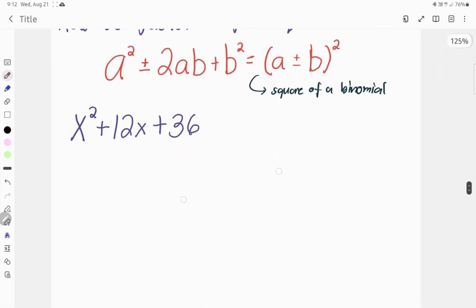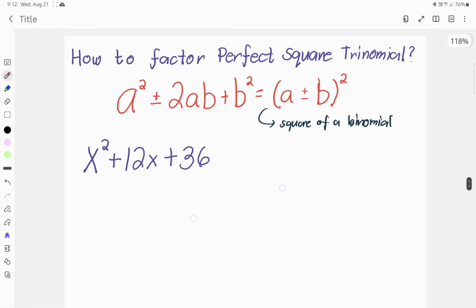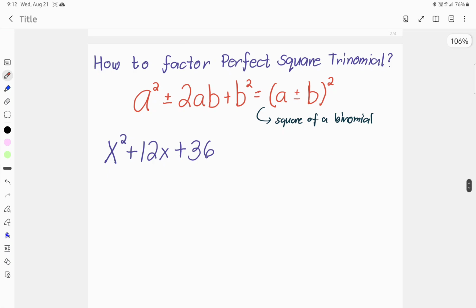First thing, we're doing confirmation if x squared plus 12x plus 36 is a perfect square trinomial. Let's do our analysis like what we did earlier. What is your first term? The first term is x squared. Last term, that is 36.